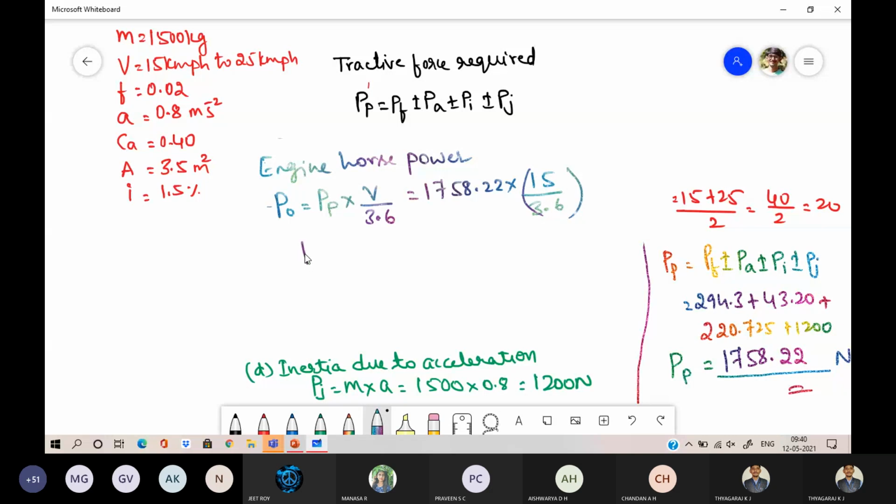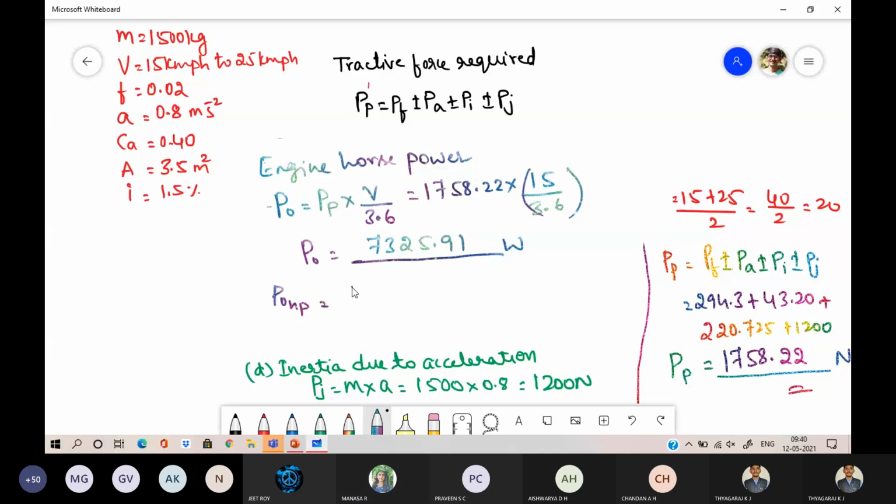So how much are you going to get P naught in terms of watts? You get 7325.91. Is it correct? 7325.91.